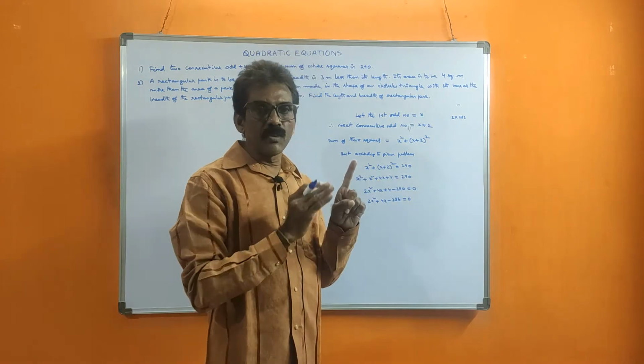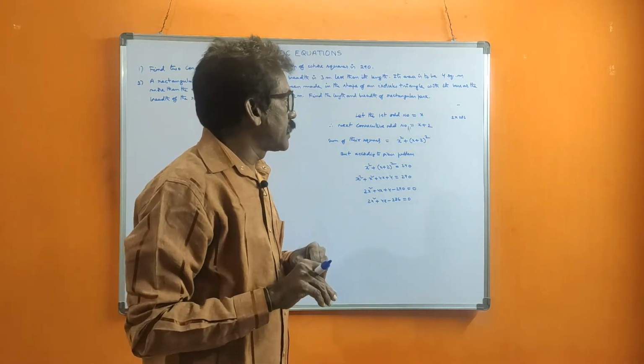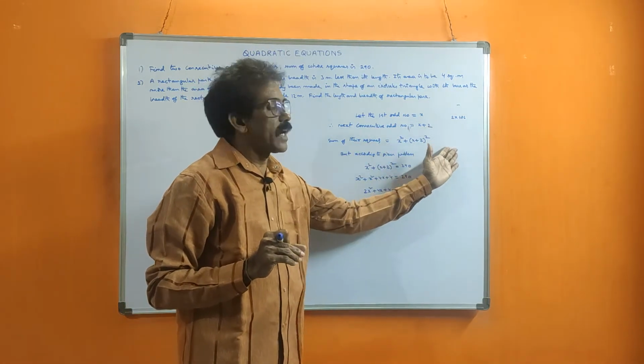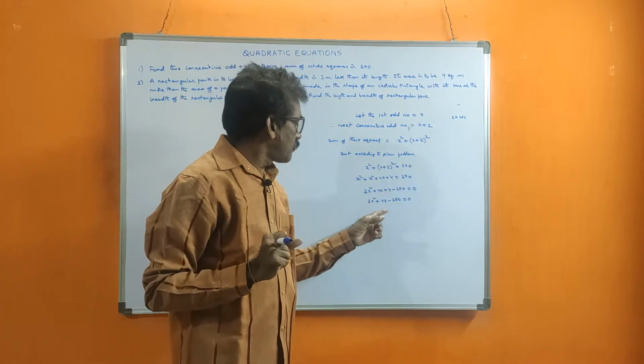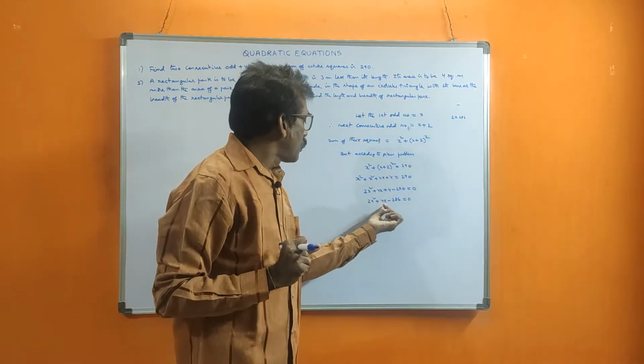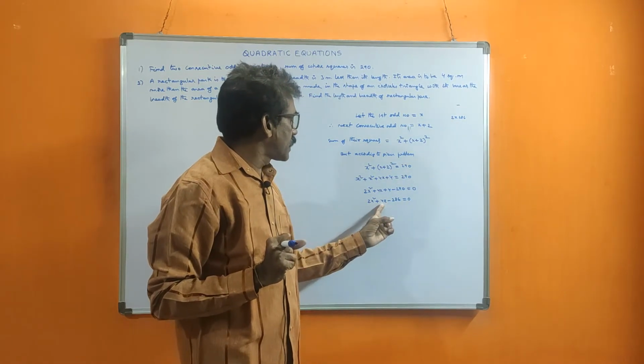Then you will get different formations of factors, and we can pick the suitable one. If this is plus, by adding we should get this one; minus, by subtracting we should get this one.